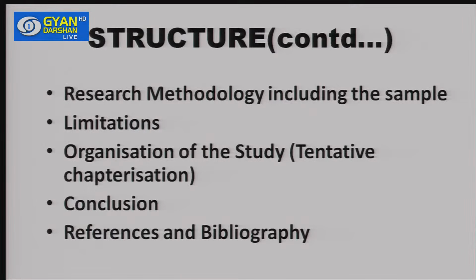What is the population? What sampling technique are you going to use? What are the limitations of your study? Also the organization of the study, the tentative chapterization, the conclusion of your synopsis, and the references and bibliography in a particular format. Maybe you may be using the APA standard, and then you mention that also.